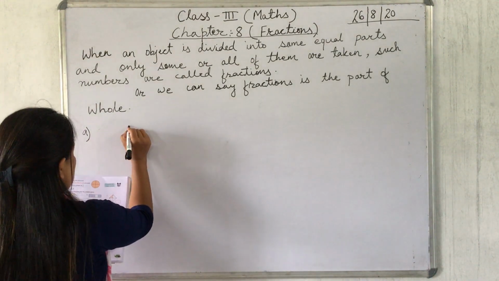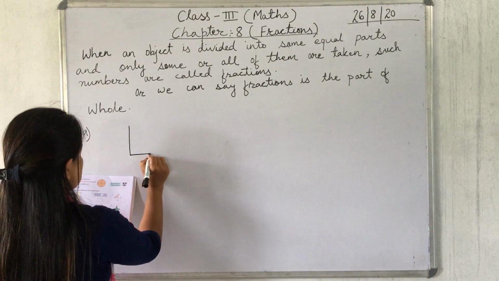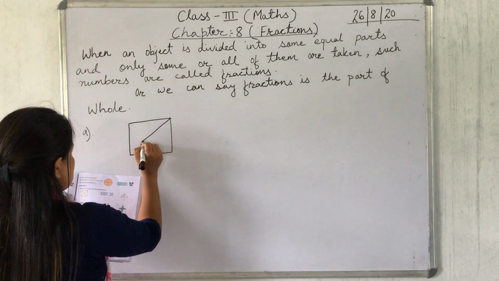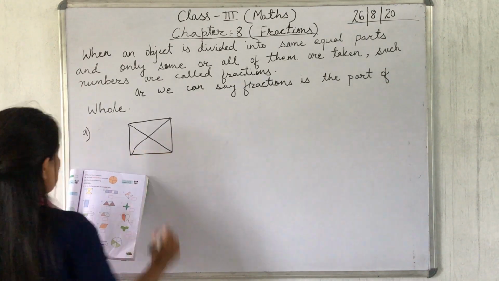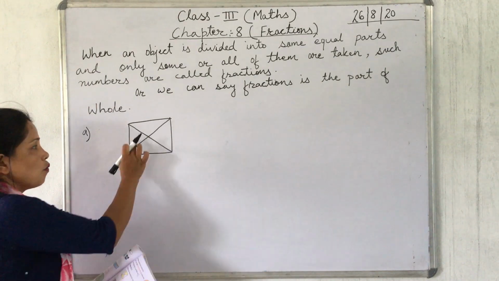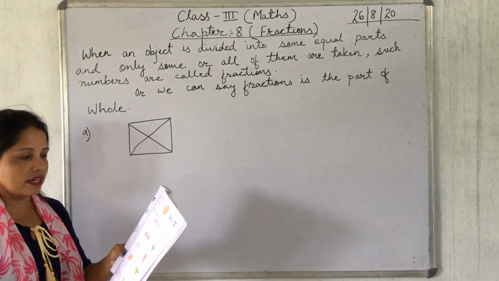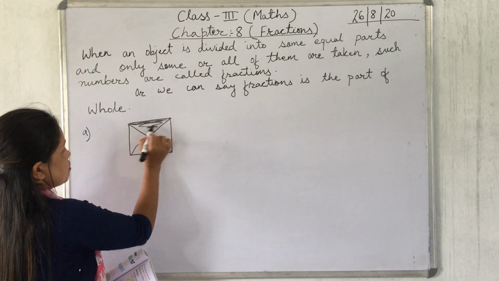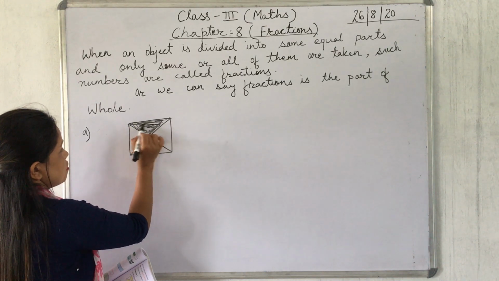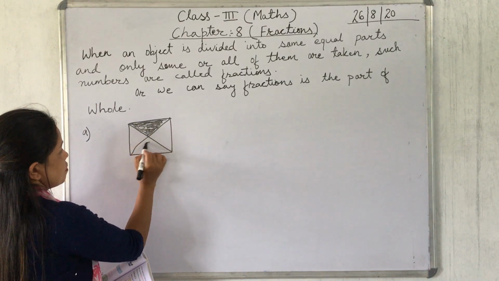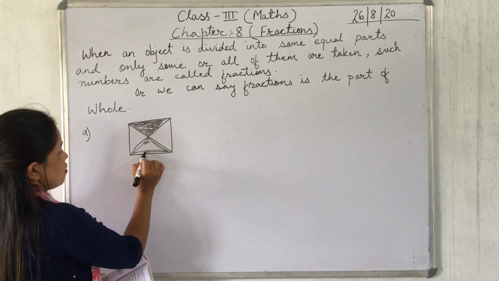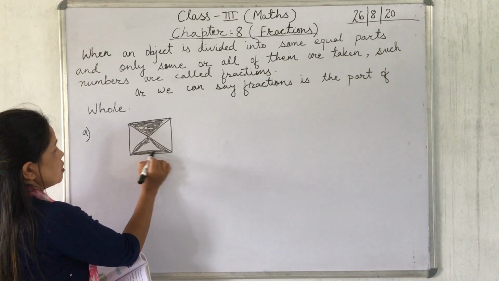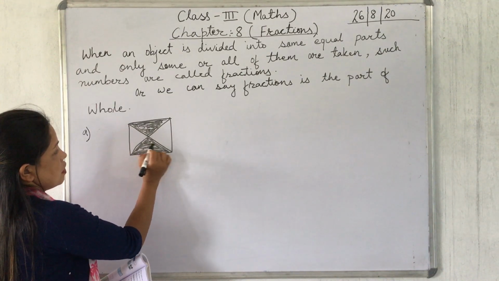A. This is a figure. Okay, how many parts are here? 1, 2, 3, 4. 4 equal parts are there. So four equal parts are here and 2 parts are shaded. 2 equal parts are shaded.